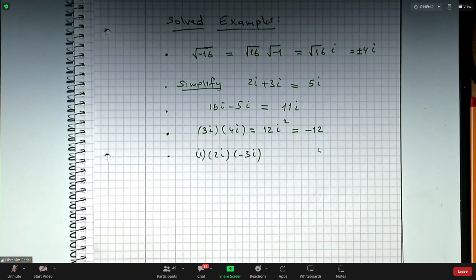What did you get ultimately here? Where is the negative gone?